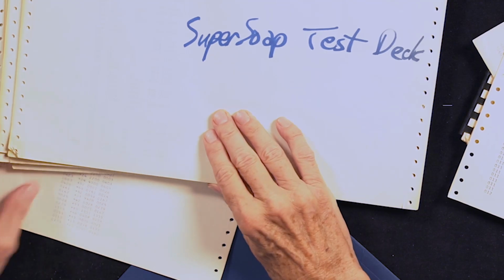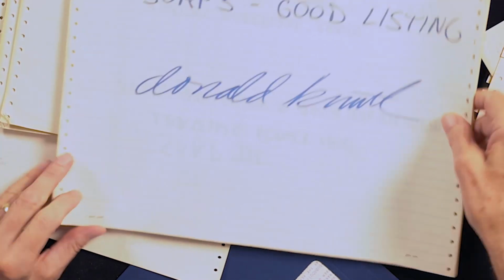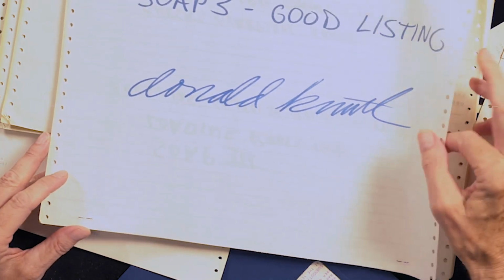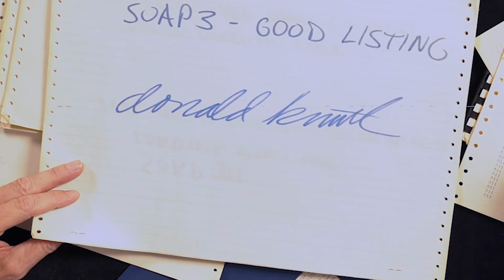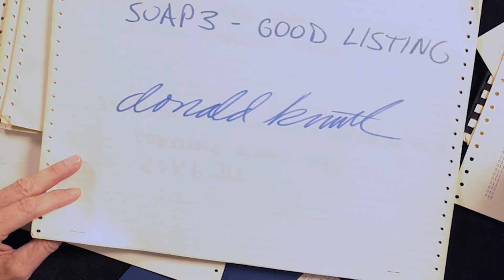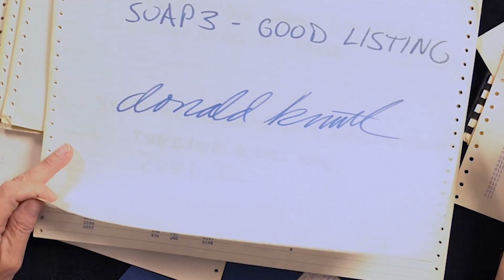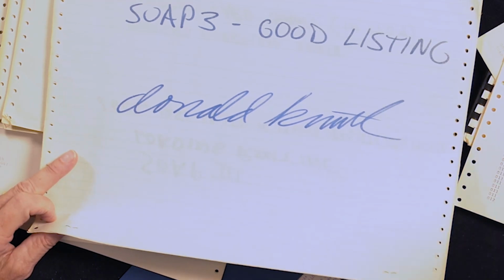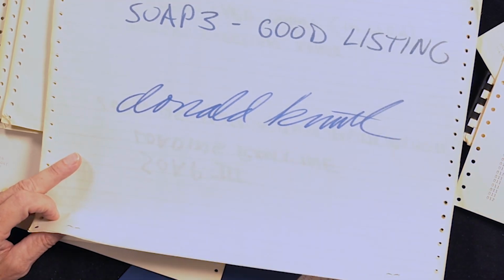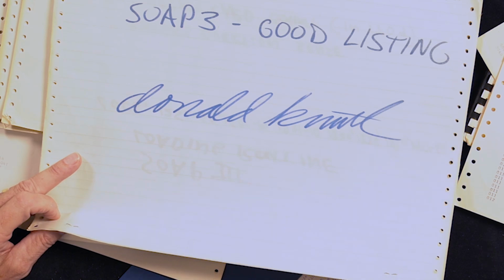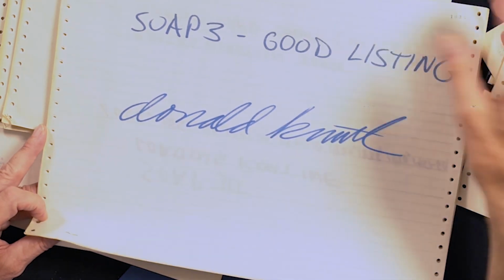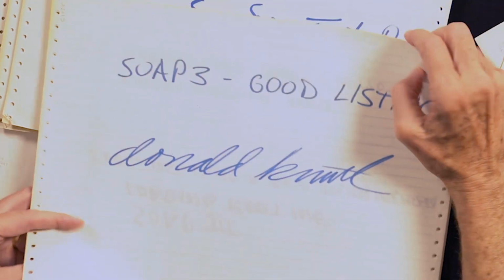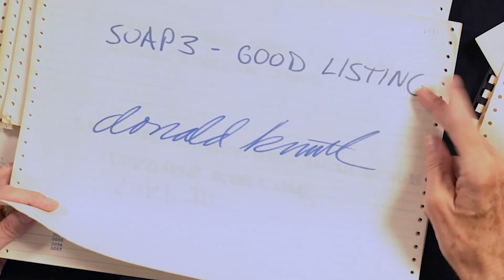Okay, now. SOAP 3, good listing. With the collection you guys already have digitized, there's a listing of the Runcible compiler and its runtime routines, I believe, and it also has an assembler that we used for it. But this is different.